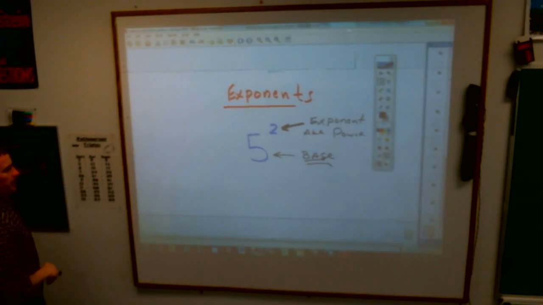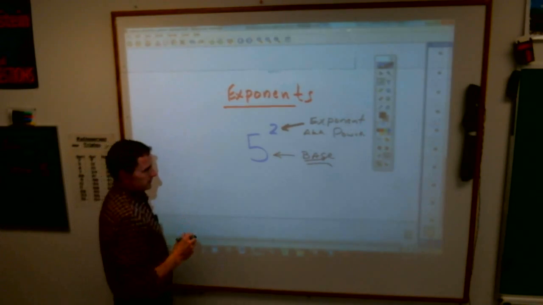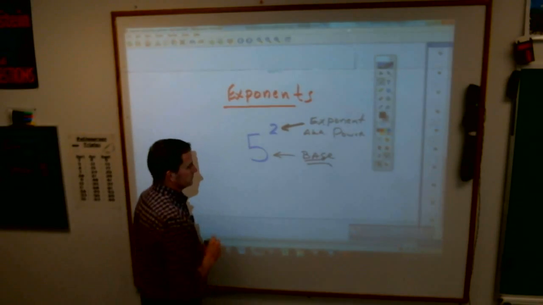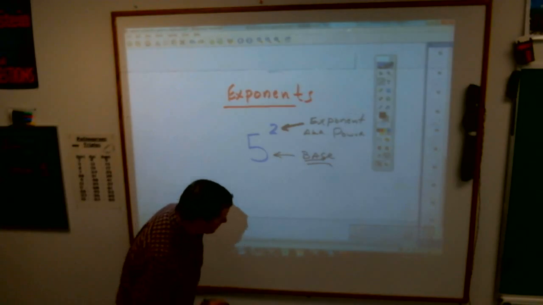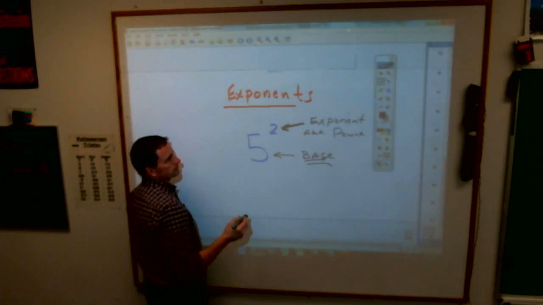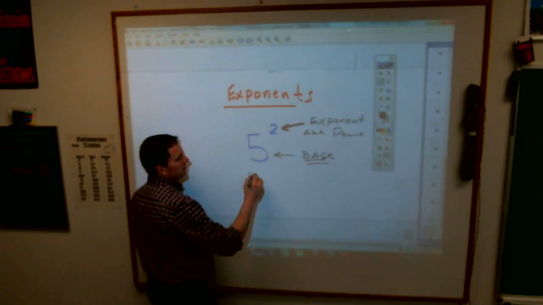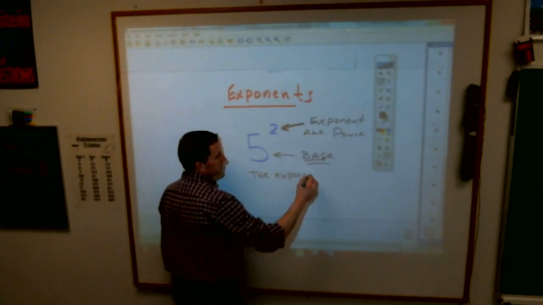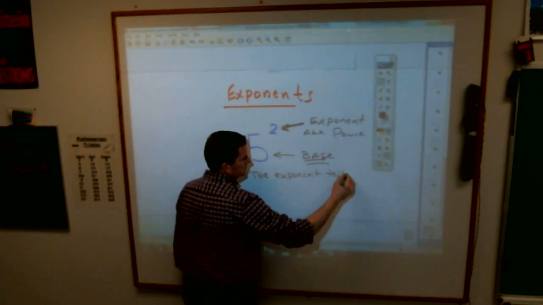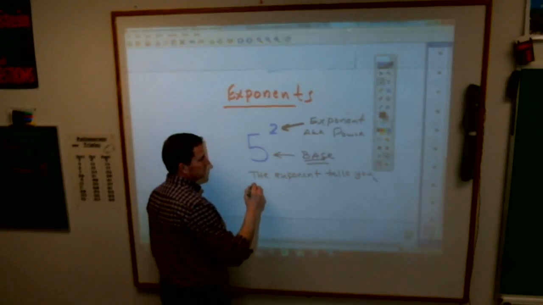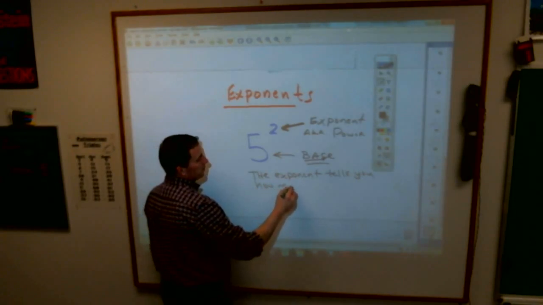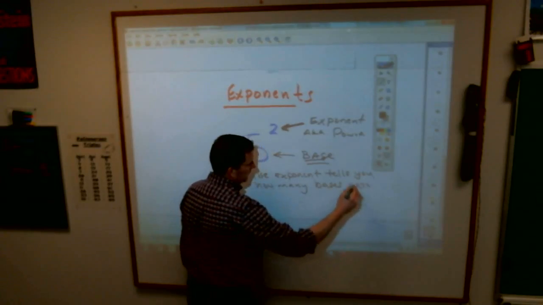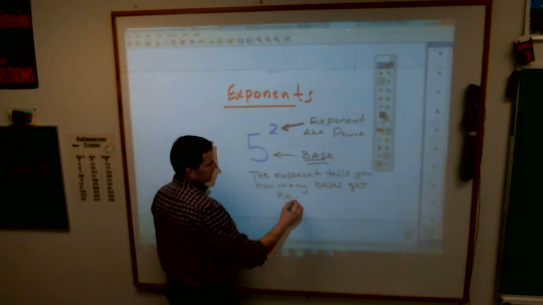Okay. And here is what you need to write down for this. We'll talk about where most people go wrong on this. The exponent tells you how many bases get multiplied together.